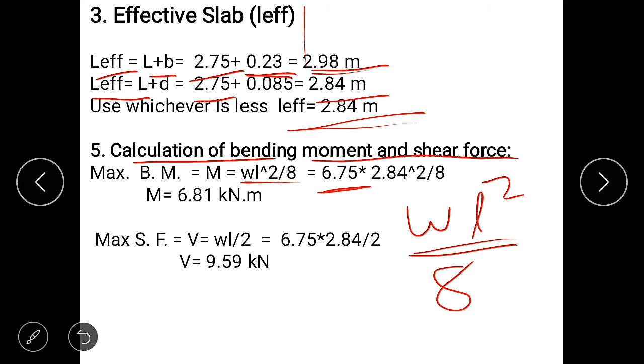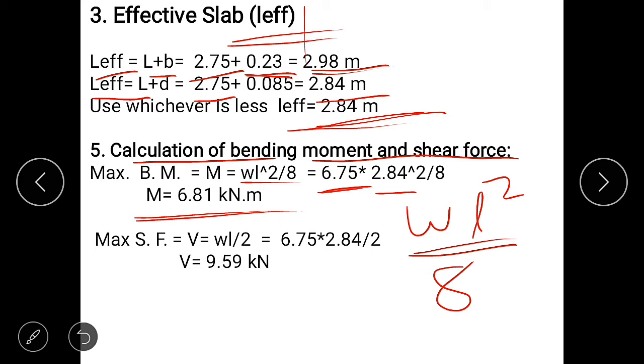In third step we calculated length of slab, 2.84. So 6.75 into 2.84 square divided by 8. So the moment is 6.81 kilonewton meter.